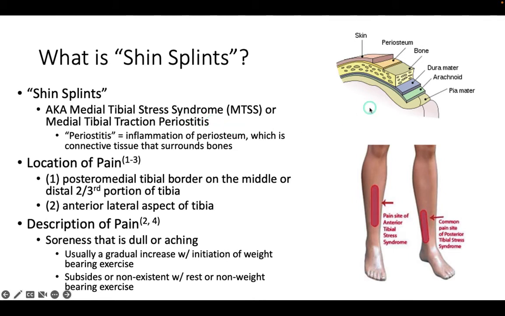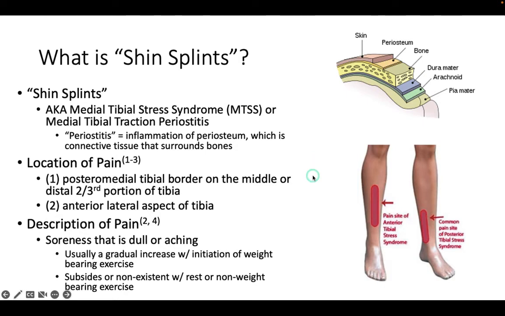The periosteum, in this picture, is connective tissue that surrounds bone, and it's important to note that it has blood vessels and nerves. The other word, traction, means muscles are pulling on this periosteum, leading to inflammation and pain. But like I said, authors typically go with MTSS because, as we go over the causes, there's a lot more evidence for MTSS being the actual cause of shin splints.